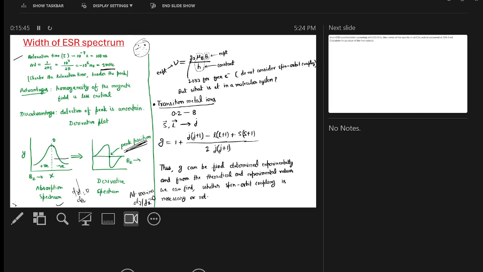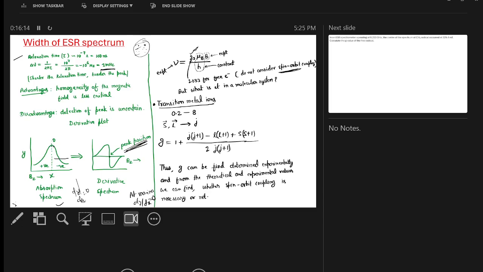Now we saw that there was some factor g there. This is the Landé g factor. The value of the Landé g factor is around 2.0023. Here we do not consider any electron-nucleus interaction like spin orbit coupling. Then what will be the value in a molecular system? It can vary.